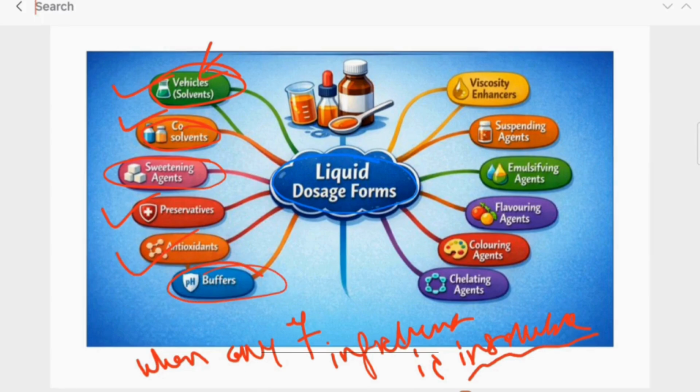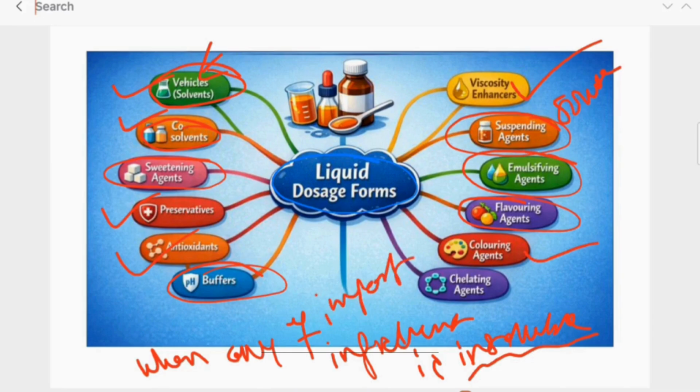Then we use viscosity enhancers to maintain the viscosity of the formulation, and we use suspending agent to equally distribute the solute throughout the formulation, and we use emulsifying agent to emulsify the drug in the formulation, and we use flavoring agent to provide a good flavor to the formulation, and we use coloring agent to impart a good color to the formulation, and we use chelating agents also.